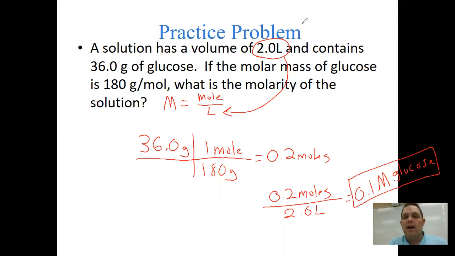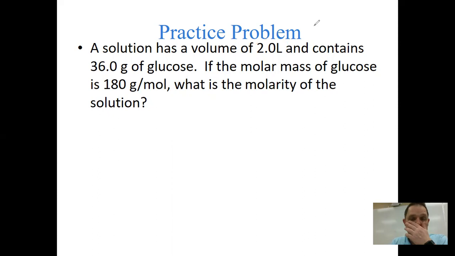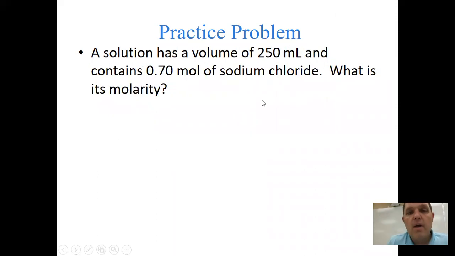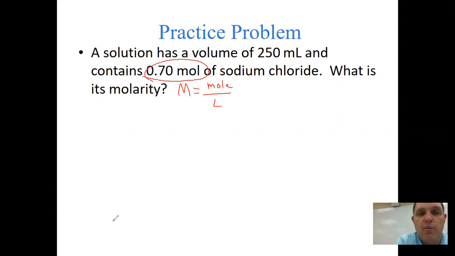Let's try one that's really straightforward, to be honest. Here we go. A solution has a volume of 250 milliliters and contains 0.70 moles of sodium chloride. What's its molarity? Again, we know our basic idea here is moles over liters. At first look, we may think we've got everything because we do have moles, that goes right down there, but we got to check our units here.